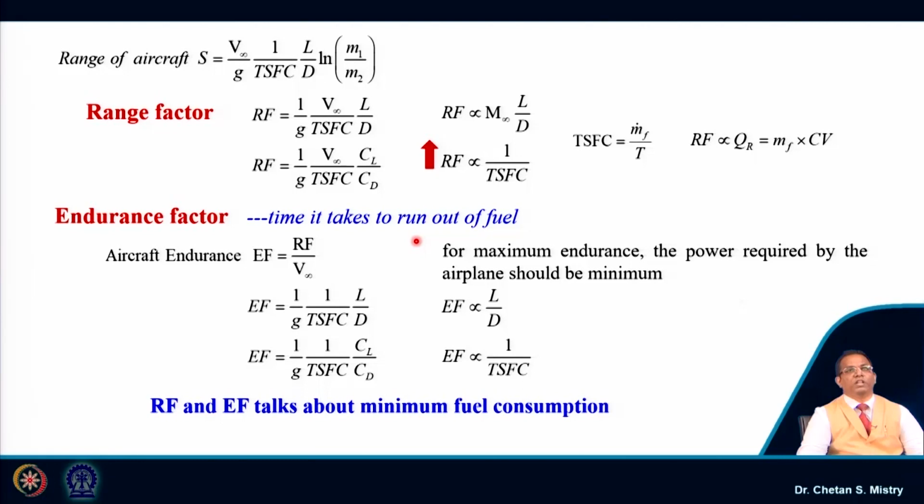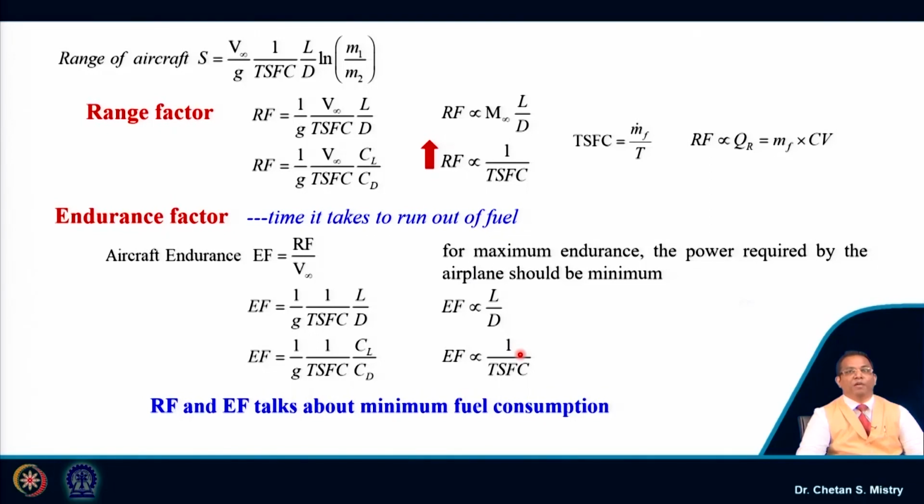One more terminology, introduced as a factor of safety, is called the endurance factor, which is defined as the time it takes to run out of fuel, because that represents how soon your fuel will be emptied. That is represented by range factor by V infinity. In this case also, my endurance factor depends on my thrust specific fuel consumption.